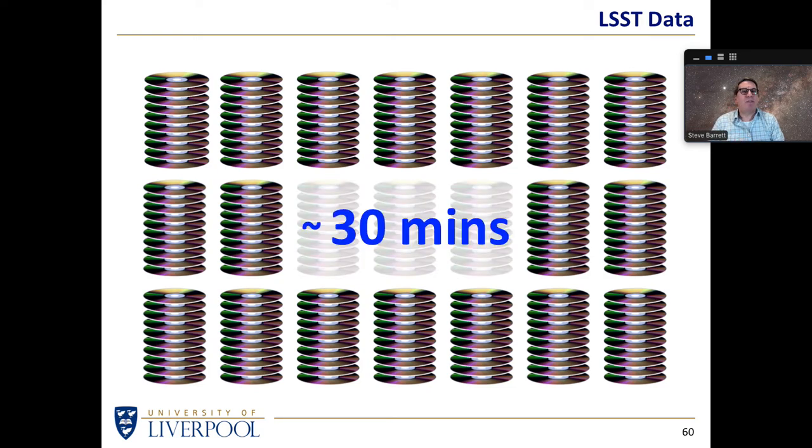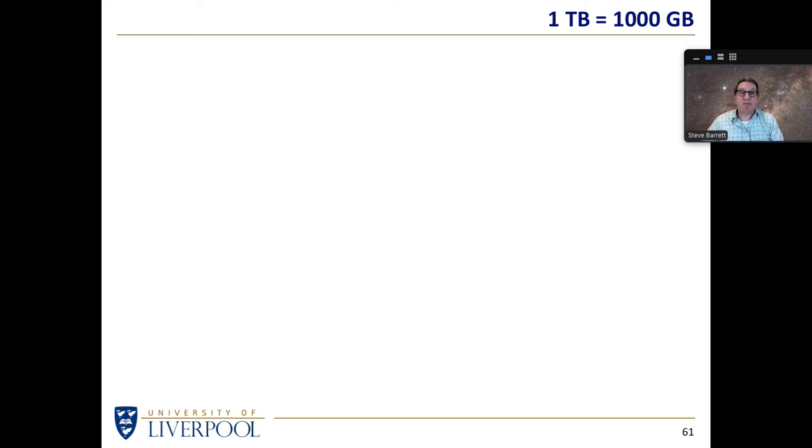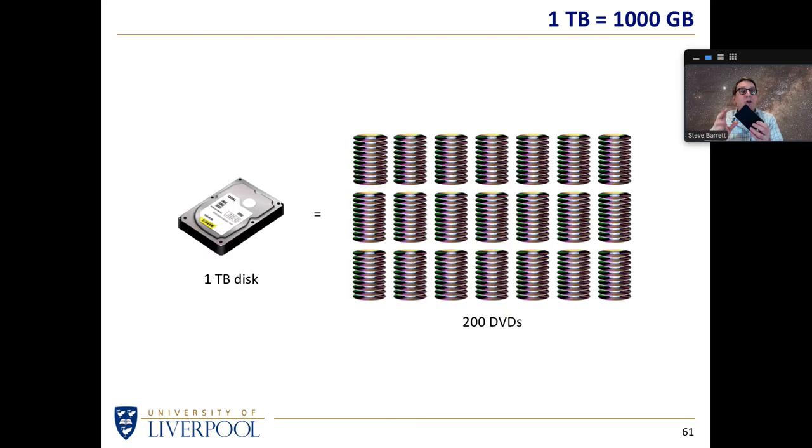It would take about half an hour, and then it would have stored that much information. So we have to move on to something else. For instance, inside your personal computer is probably something like this, a terabyte disk. A terabyte is 1,000 gigabytes, a gigabyte is 1,000 megabytes. So a terabyte disk is equivalent to many hundreds of DVDs. So that's a little more plausible.